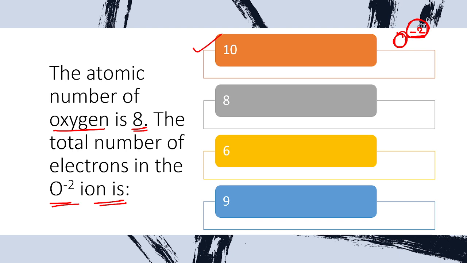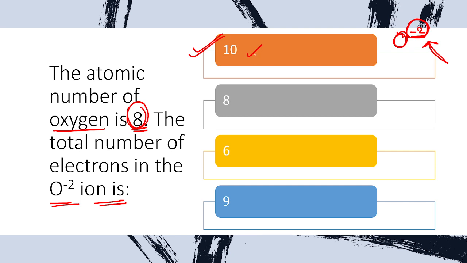So the correct answer is 10, because there are 2 negative charges, so 2 electrons are extra. And here in the atom it was 8. So if 2 electrons are extra, it becomes 10. The electrons that are added to the electronic shell with the greatest principal quantum number are called valence electrons. And here the 2 electrons are added.